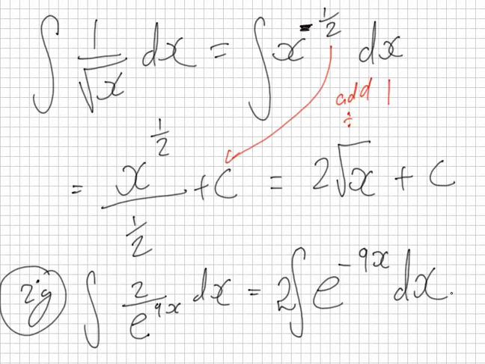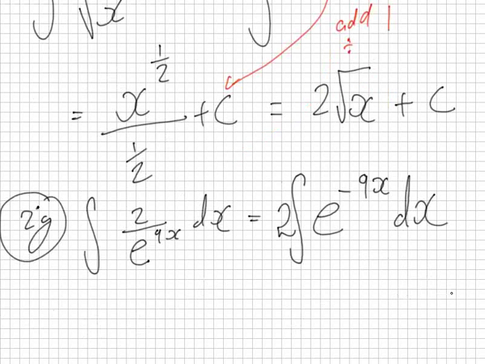The only requirement is that you're only allowed to take numbers outside and not anything with x in it. The reason x's don't go outside is because x's need to be anti-differentiated. So this plain 2 on the numerator can be taken out in front, and it doesn't affect the answer. Okay? And then what I did here was I changed this from denominator to numerator, but with a minus power.